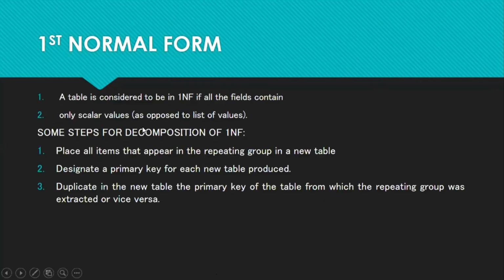Let's continue. What are some steps that we have to do for first normal form? A table is considered to be in 1NF if all the fields contain only scalar values. Some steps of decomposition for first NF are: place all items that appear in the repeating group in a new table.